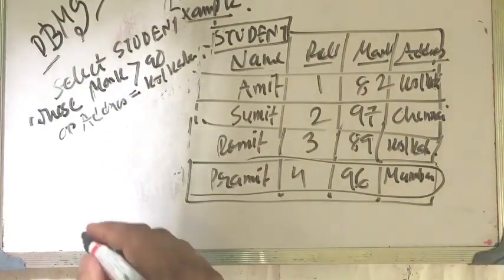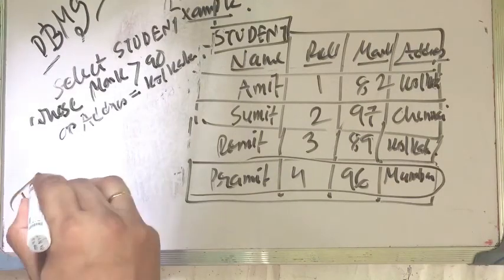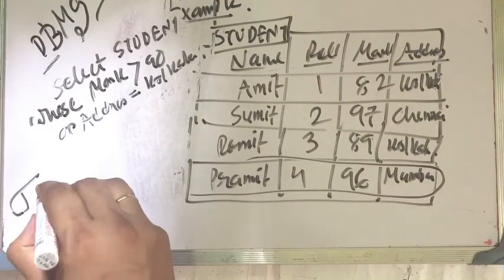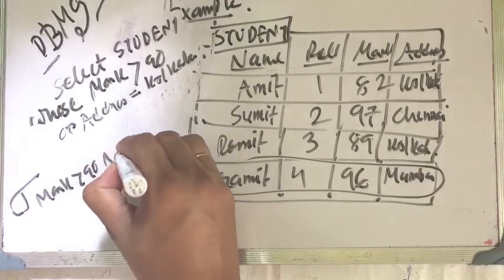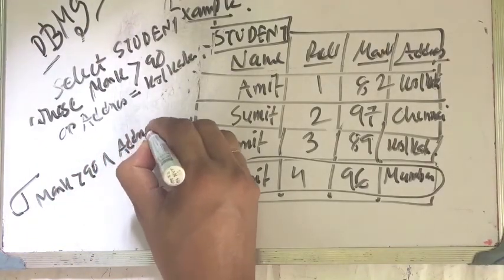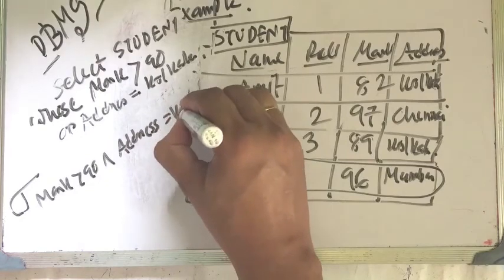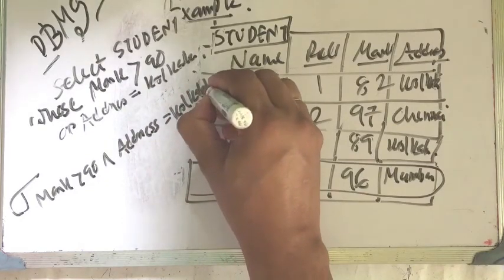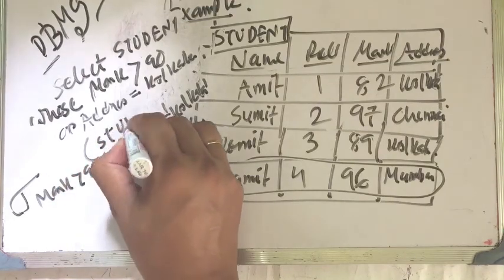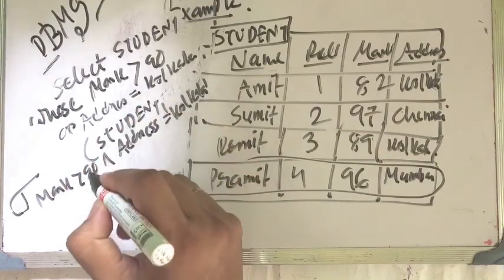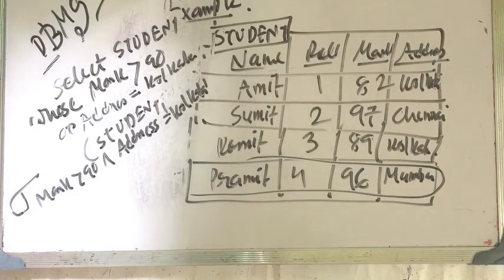Now this query can be implemented in this way. Sigma is the select, and the condition is marks greater than 90 or address equal to Kolkata. Address is a character value, so we have to specify Kolkata with single quotes. The table name is student. So in this way we can use the select operator.